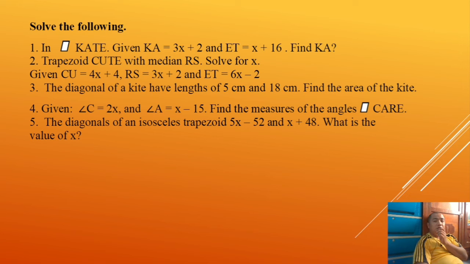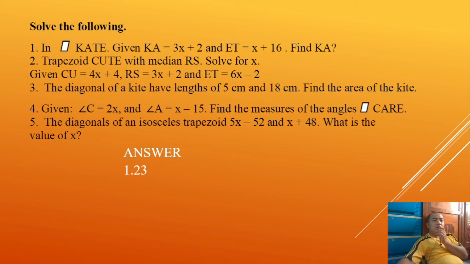Okay, I think they are opposite, so they are equal. Opposite sides of a parallelogram are equal. So equate mo yung dalawa. 3x plus 2 equals x plus 16, 2x is equal to 14. 7 yung x. Therefore 23. 23 yung KA.